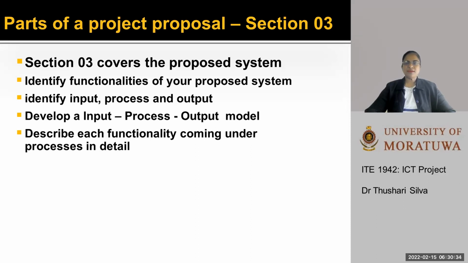Processes are the major processes, and under them you can specify some sub-processes. Input is what is required for your system to work, and output is what it generates. Then the functionalities to be developed under each and every process need to be carefully presented in detail.